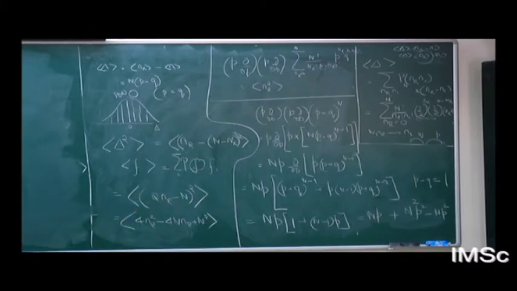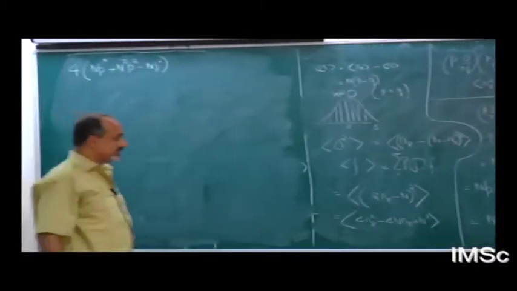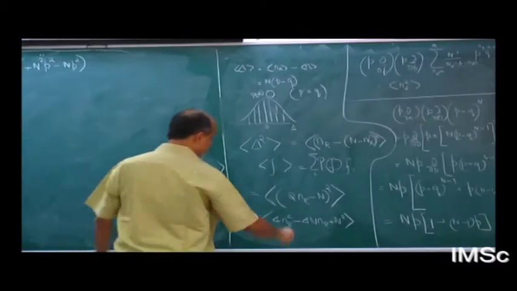So 4 into (np plus n squared p squared minus n p squared). That's my first term there. The second term is minus 4n nr.